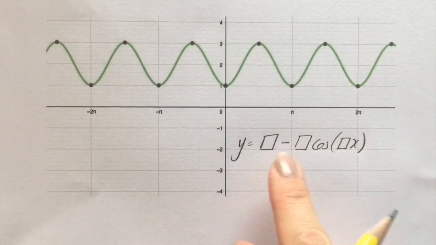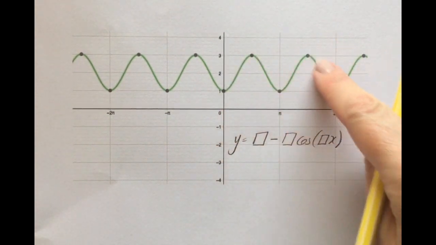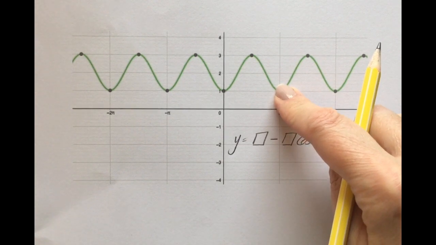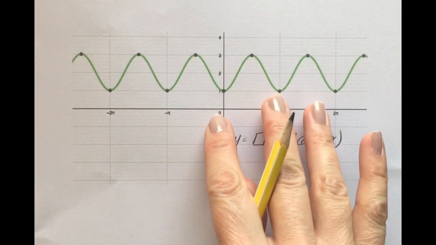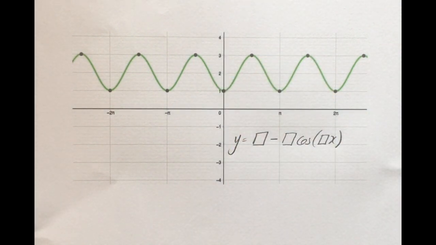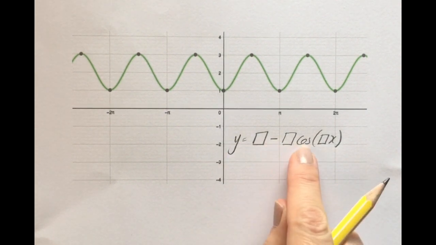So do we remember that? The minus causes a reflection in the graph. In other words, the graph shape will be flipped, okay? Now, when we looked at it, it was flipped in the x-axis, but obviously the whole graph has been shifted up from the x-axis. So it has been flipped. There is a reflection of the shape. So that's how we know we're definitely dealing with a minus cos x curve.